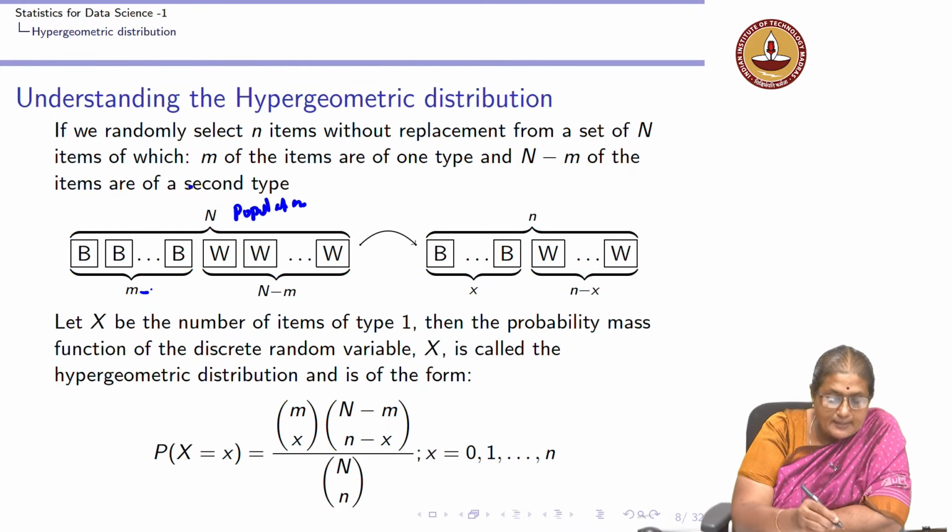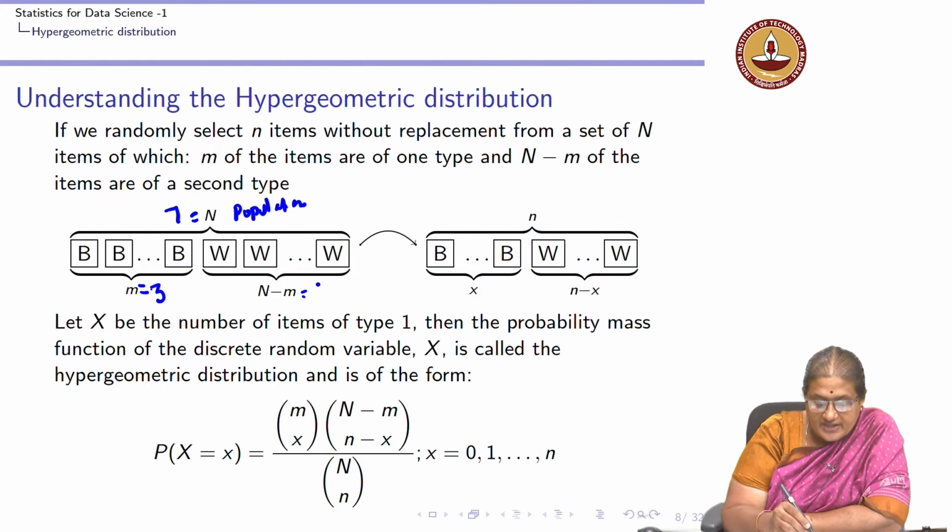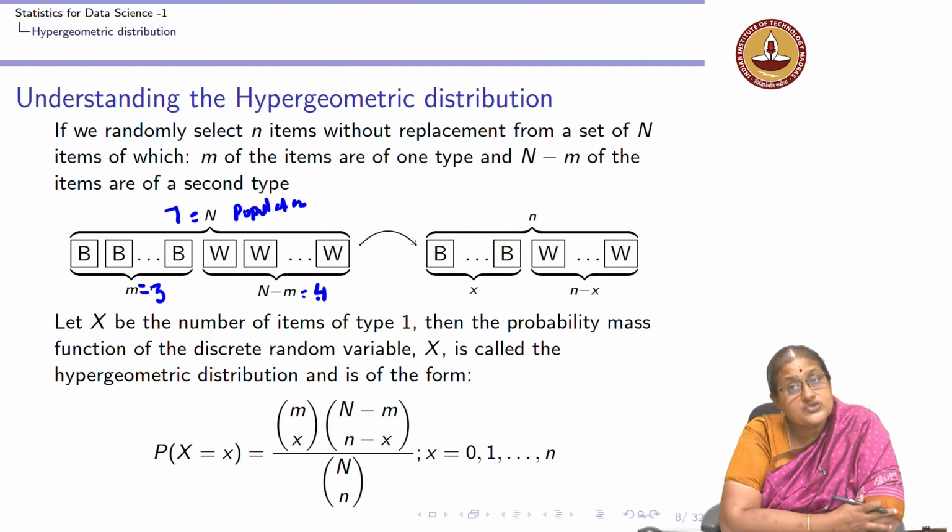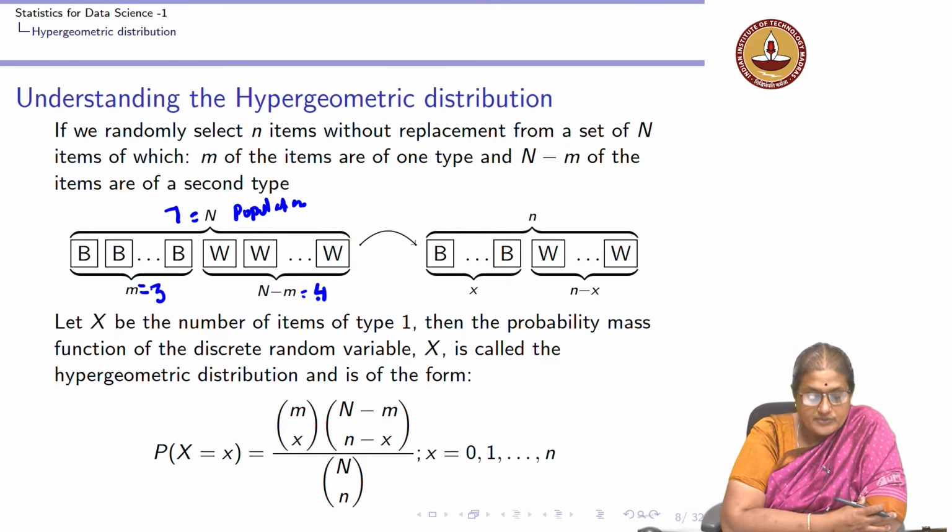In my example, this capital N was 7. The number of black balls was 3. The number of white balls was 7 minus 3, which was 4. This was how my problem was.